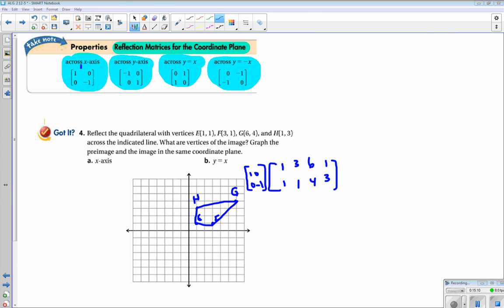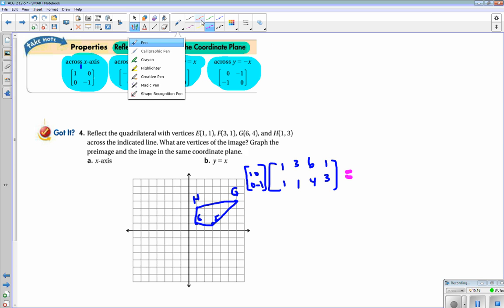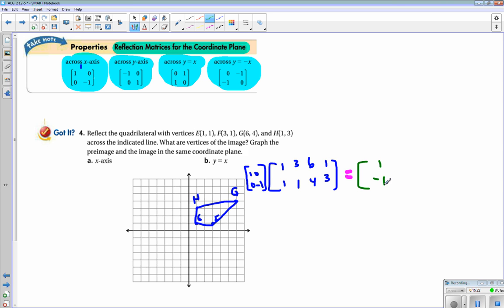And my result is 1, -1, 3, 0, 6, -4, 1, -3.